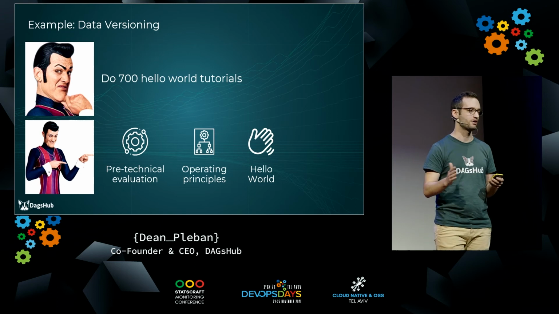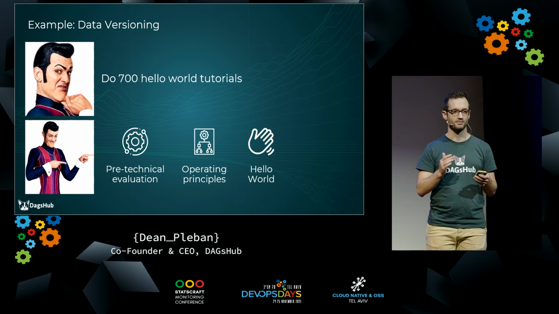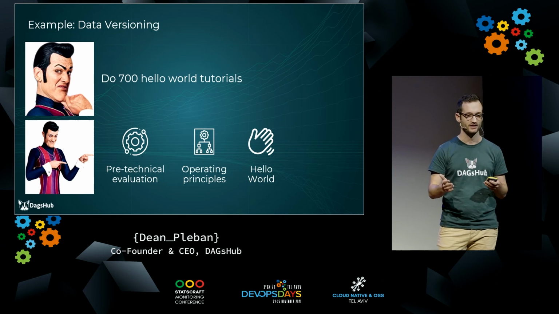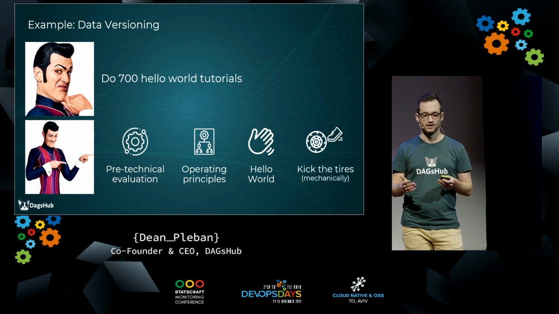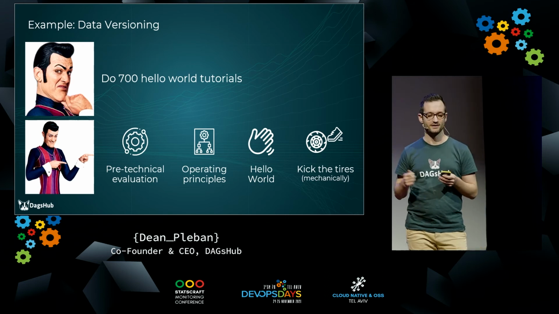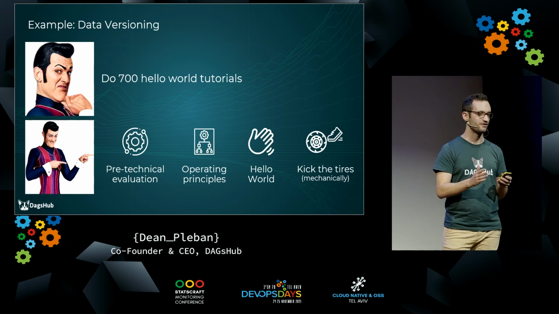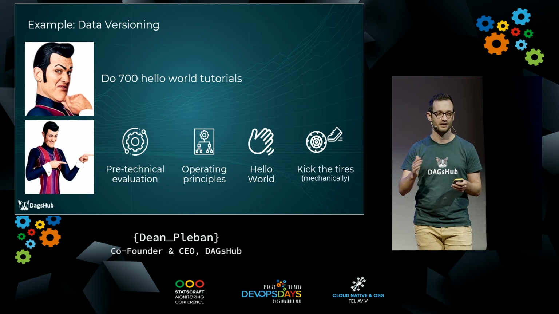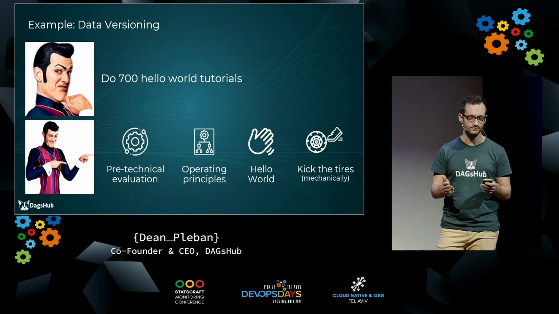Because you did a lot of work in preparation to make this process more prioritized and be closer to the target that you're actually aiming for. And then finally, you want to kick the tires mechanically, and I'll explain what that means in a moment, but the idea is basically if you have a specific dimension where you know you're going to hit scale early on, you should test that as soon as you can.